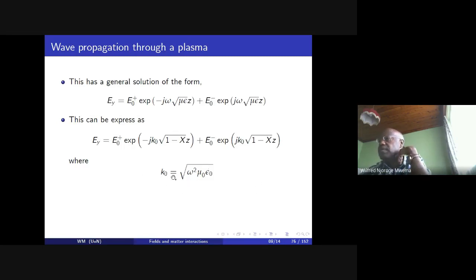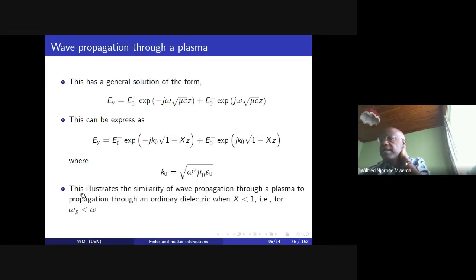K naught, of course, is the usual lossless propagation constant given as the square root of omega squared mu naught epsilon naught. And therefore, this illustrates the similarity of the wave propagation through a plasma to the propagation through an ordinary dielectric when x is less than 1, that is, for omega p less than omega.